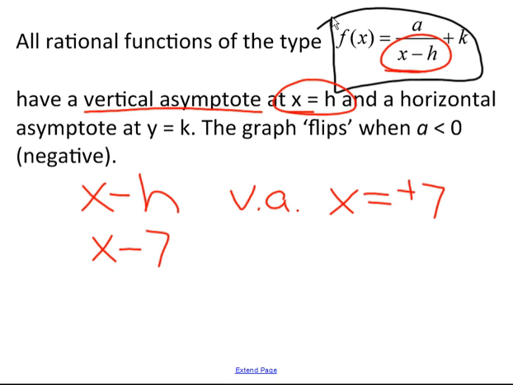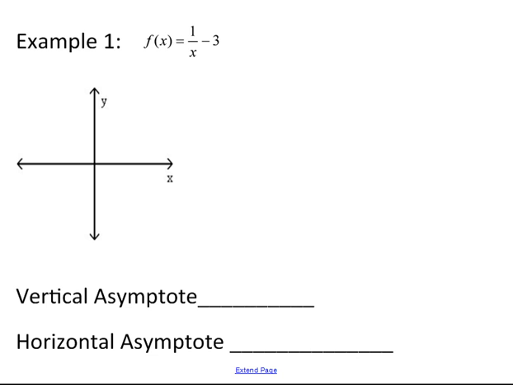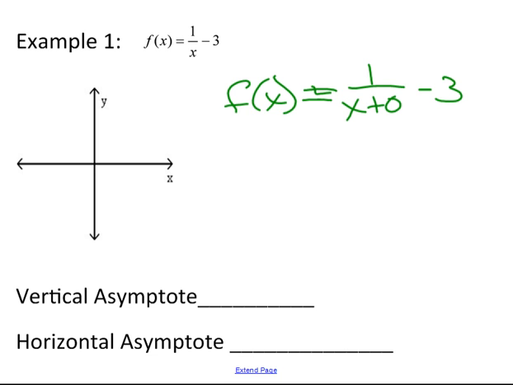So let's do an example. Let's suppose I have 1 over x minus 3. I'm going to rewrite that as f of x equals 1 over x plus 0 minus 3. We need the vertical asymptote. We need the horizontal asymptote.